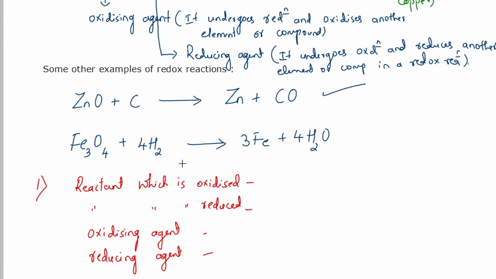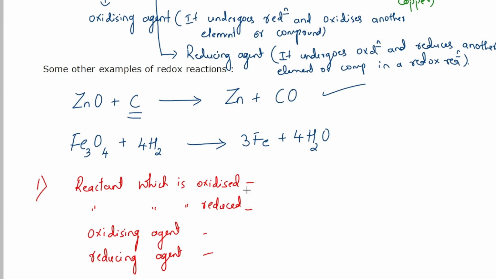Consider this reaction now. Reactant which is oxidized. See here, zinc oxide plus carbon. In this case, this carbon is oxidized to carbon monoxide. There is addition of oxygen here. So, this carbon is oxidized.